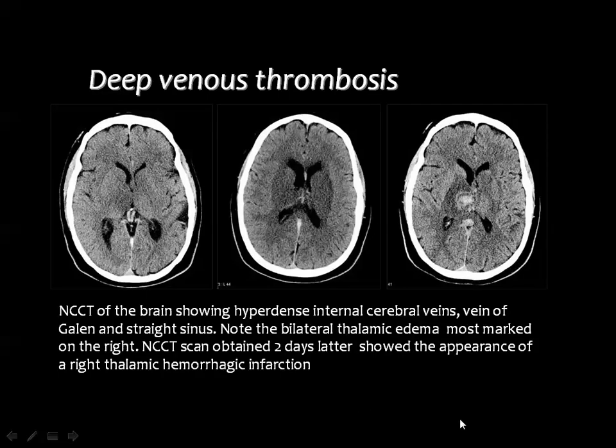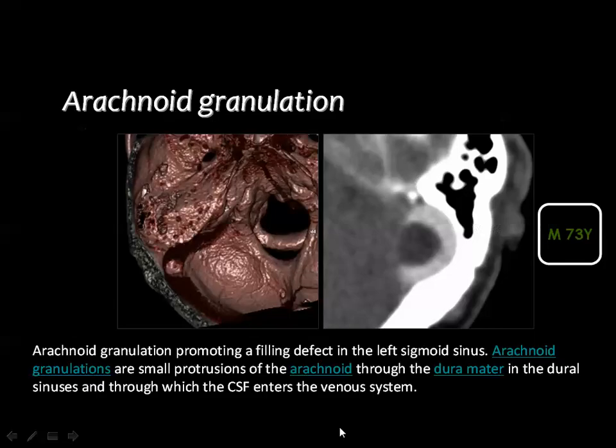And this is also another example. The internal cerebral veins are hyperdense in the pre-contrast scan, and there is some sort of edema or hypodensity in the thalamic areas. And 2 days later, the patient developed hemorrhagic infarction in the right thalamic area.